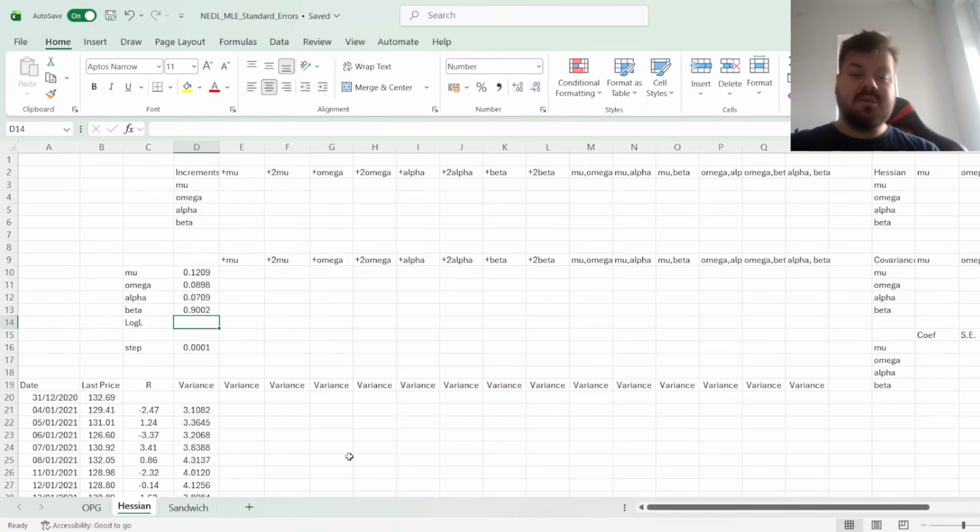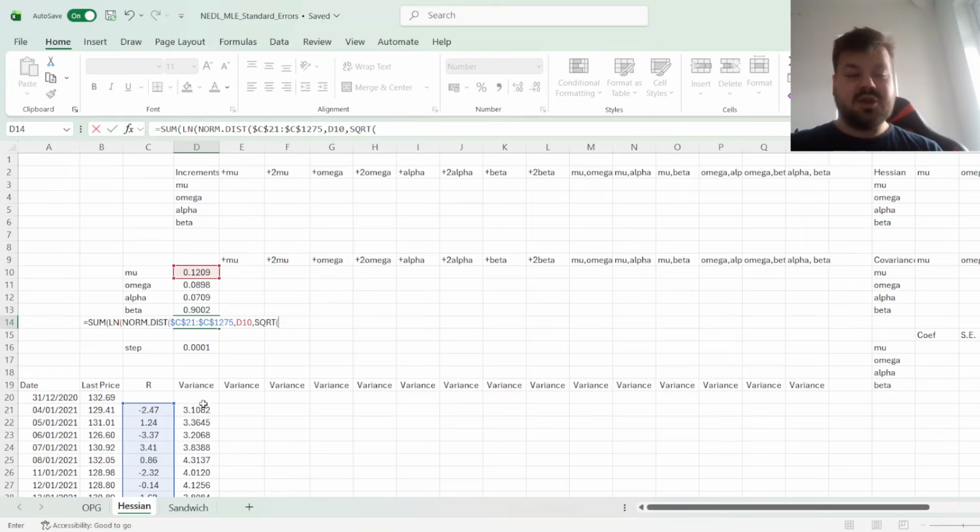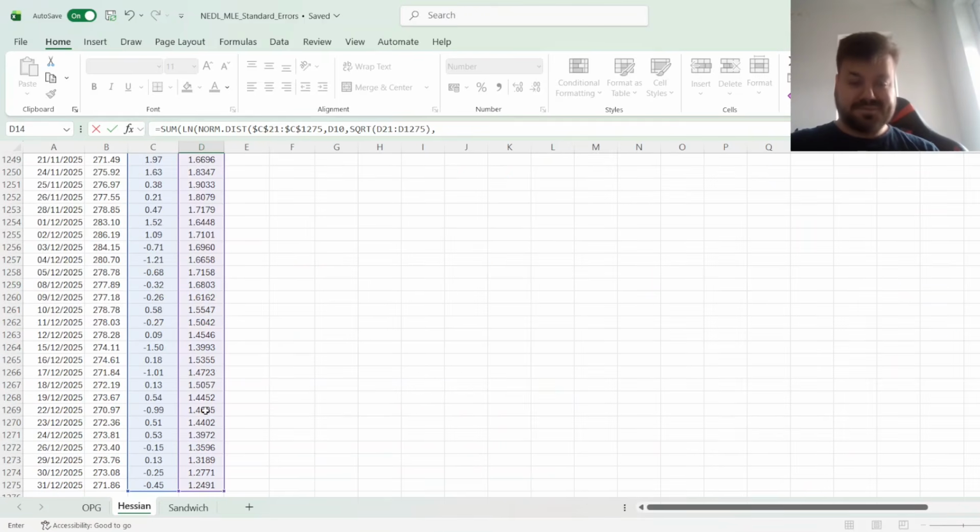So the log likelihood based on conditional variance is pretty straightforward. That's just the sum of the log of likelihoods, so normal distribution. We need to plug in our x variable, and that is the same throughout, so the returns. The mean is just the mu parameter. The standard deviation is the square root of conditional variances for individual observations.